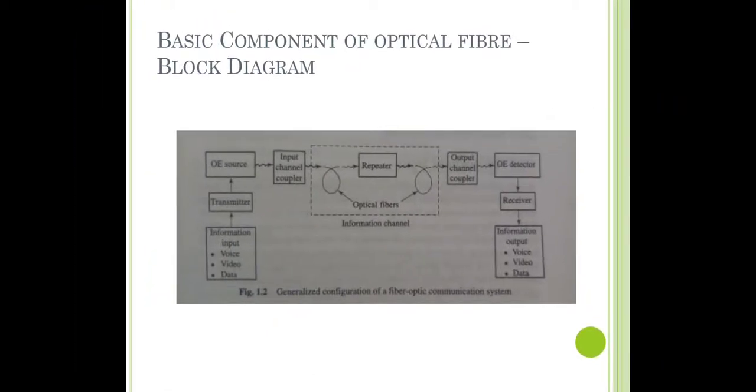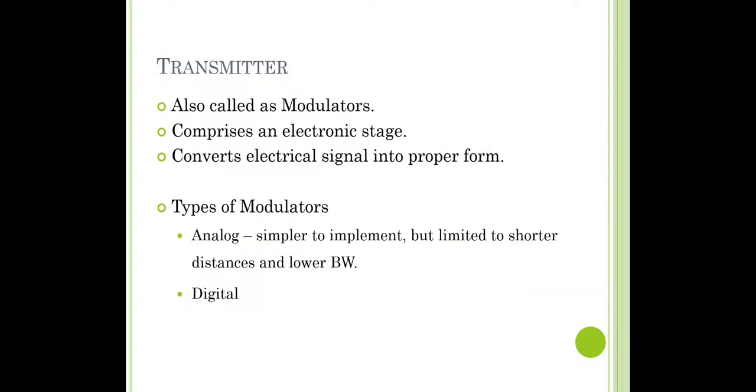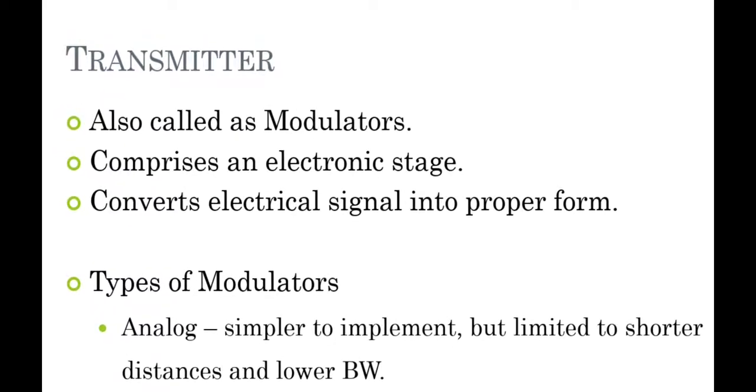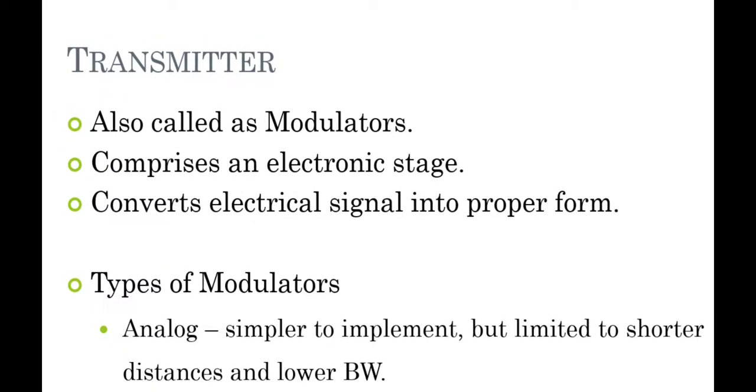Okay, so what is the purpose of the transmitter here? The purpose of the transmitter is that it converts the electrical signal from the information into a proper form. The proper form may be an electromagnetic signal.